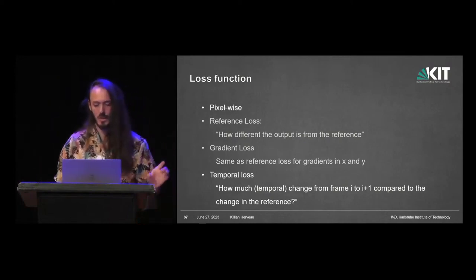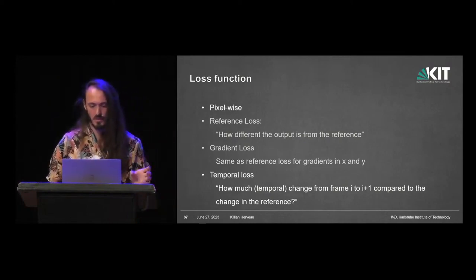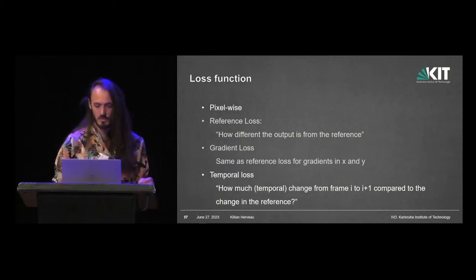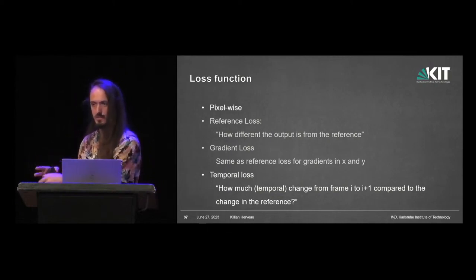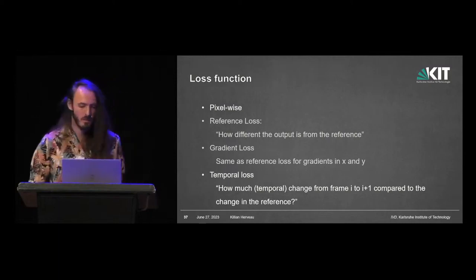It's how much there is temporal change between the output, the current frame, and the next frame, compared to how much there is a difference between the reference current frame and next frame.